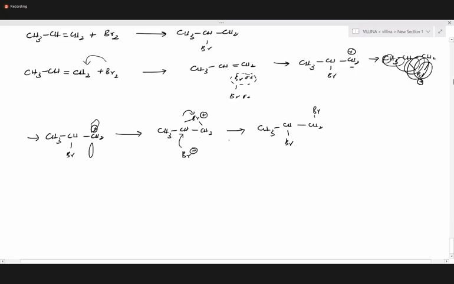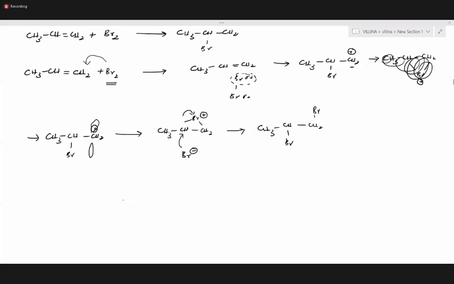This is the bromination part, where bromine will be polarized because of the pi electron cloud, and the first addition will be bromine with the positive charge, that is the bromonium ion, making this an electrophilic addition reaction. In the next step, the bromide ion will attack in the opposite way.